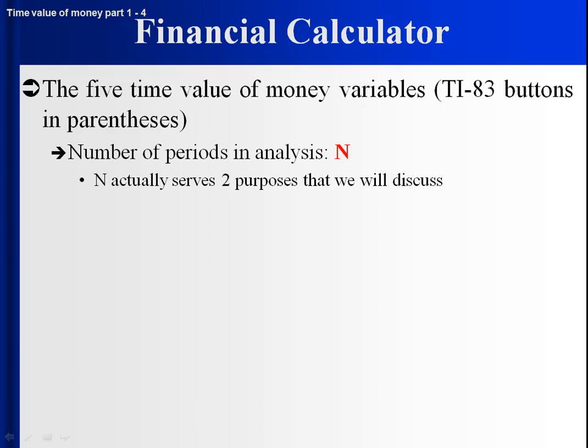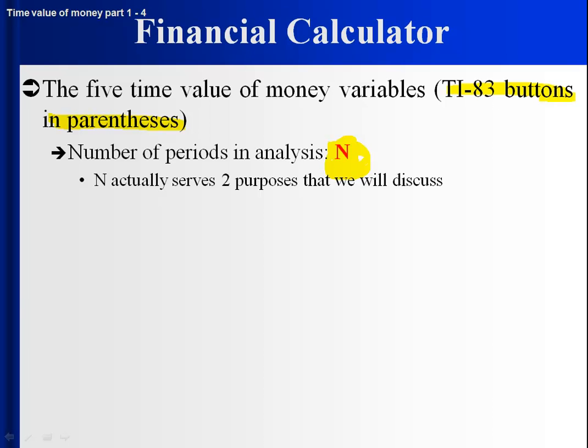The first is just N. It says the TI-83 buttons in parentheses. They're actually in red. So the TI buttons are in red. So the first is N, and there's actually 2 purposes, and we'll discuss that. One is the number of periods between the beginning of the analysis and the end of the analysis.